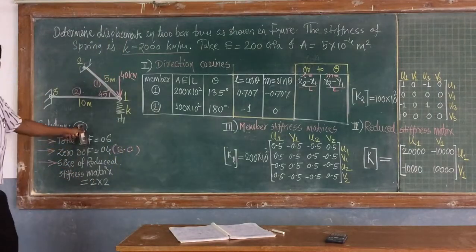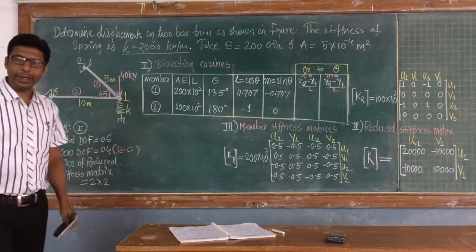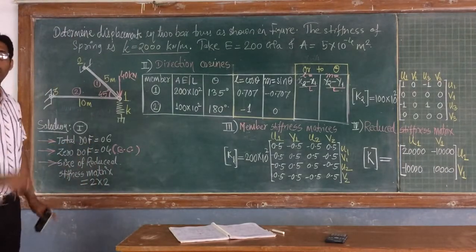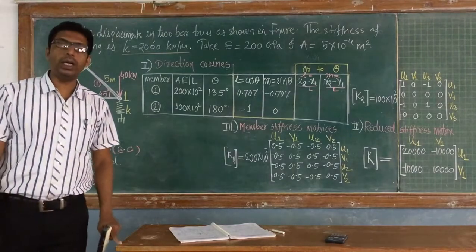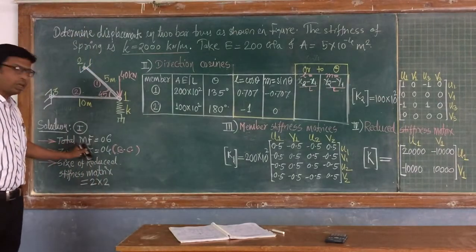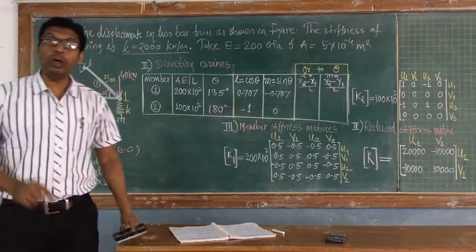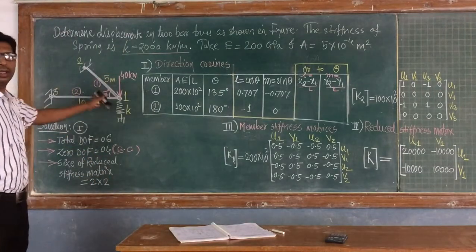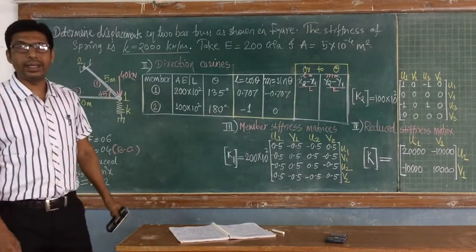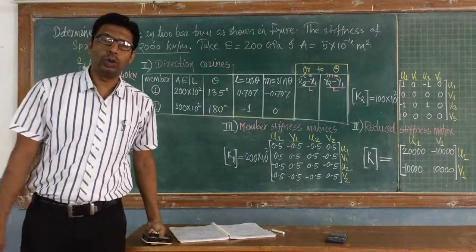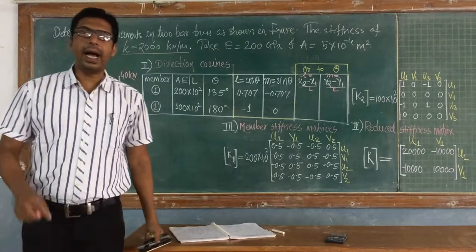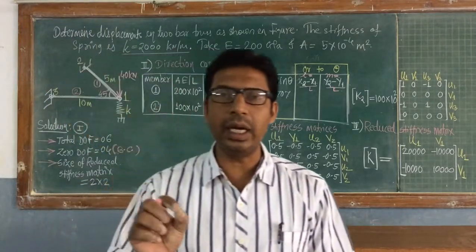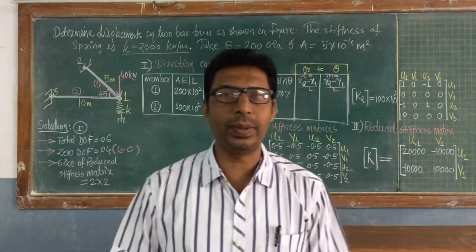Very first step, now like previous problems, identify total number of degrees of freedom. So total degrees of freedom are equal to total number of joints into 2. 2 represent at each joint of the truss there are 2 unknowns, horizontal displacement and vertical displacement.